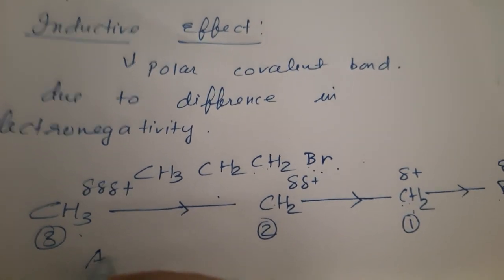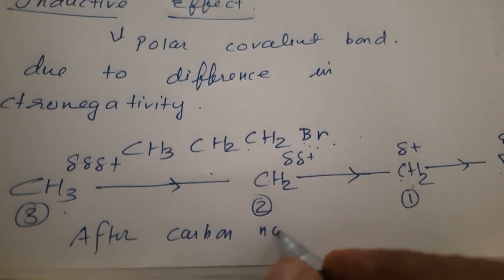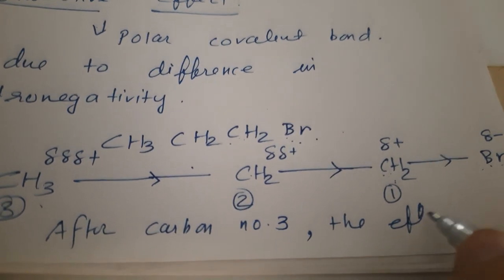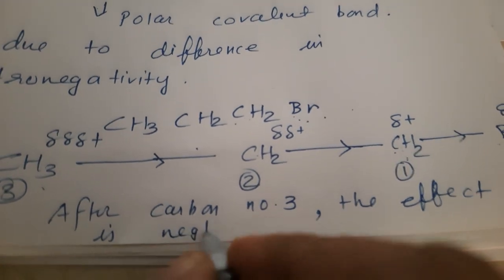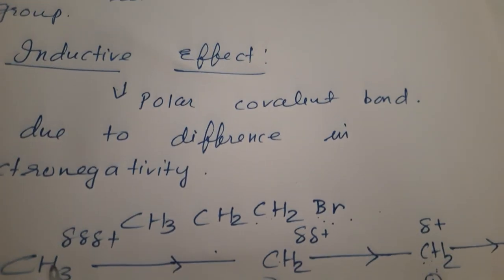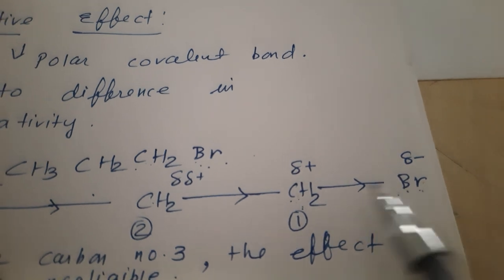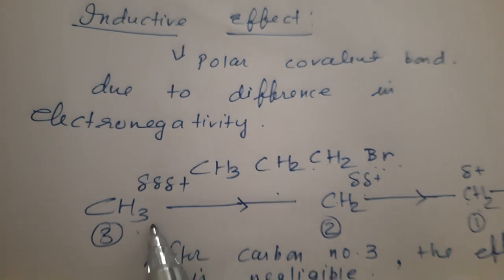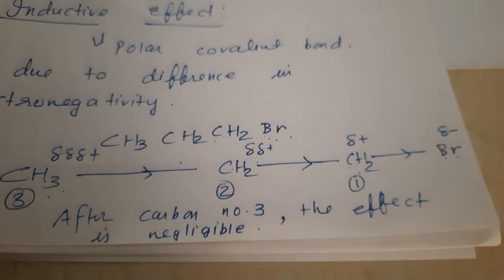So I am writing here: after carbon number 3, the effect is negligible. You understood, children? So the three carbon atoms are most polar; the effect is induced to the second carbon and it will induce to the third carbon. After carbon number 3, the effect is negligible.